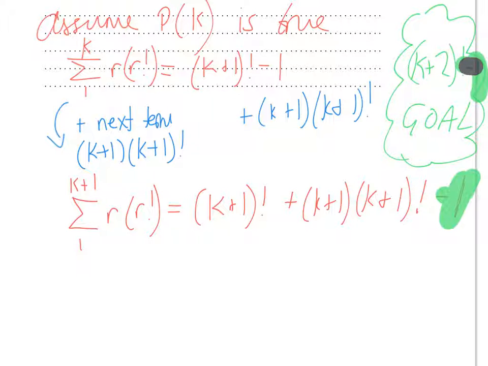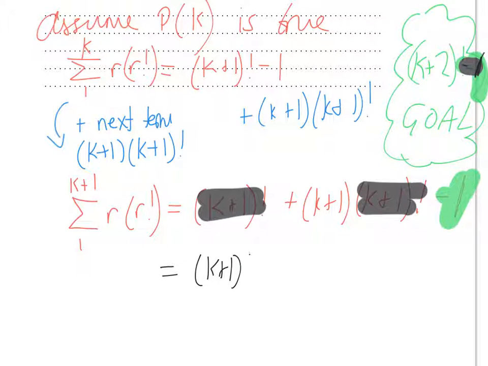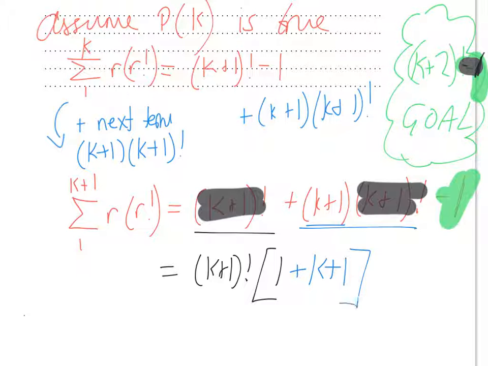I don't need to do any more rearranging to get the minus 1, because that's already there. So let's just look at the other bit. Well, I'm going to take out k plus 1 factorial as a factor. If I do that, k plus 1 factorial, take it out as a factor here, I'm just going to be left with 1, and here, taking k plus 1 factorial out as a factor, I'm left with k plus 1, and this minus 1 from before is still there.